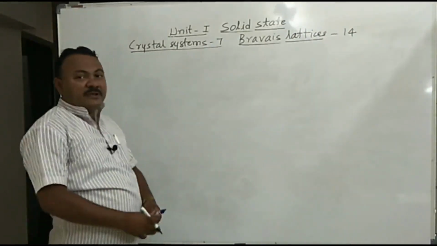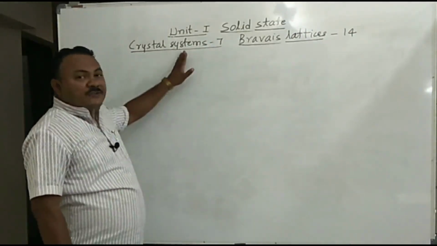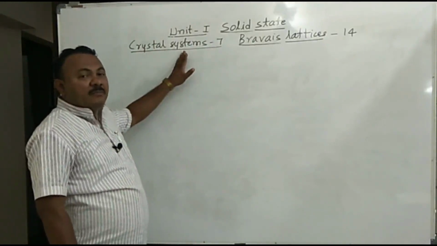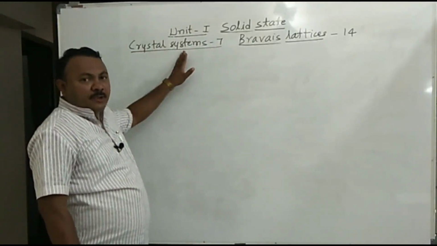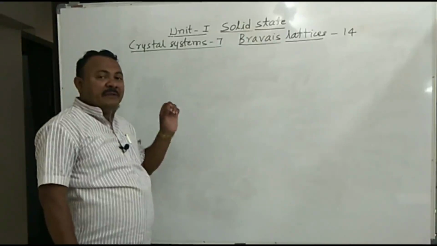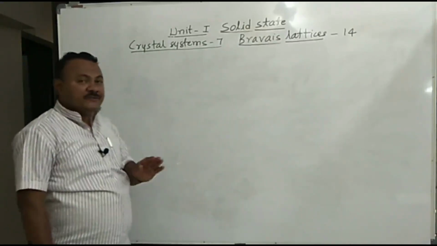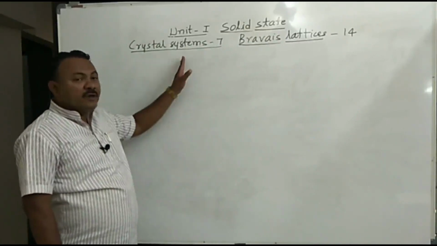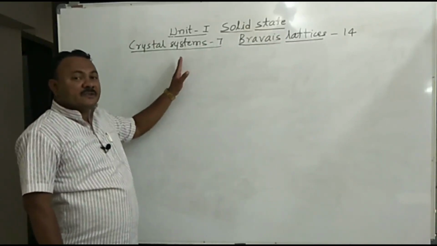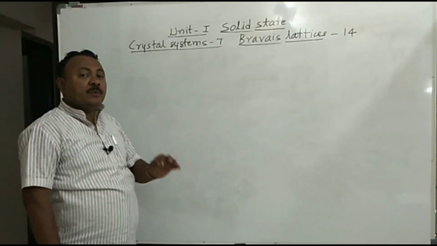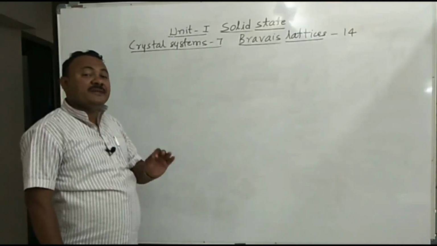So we have 7 crystal systems based on A, B, C, alpha, beta, gamma. Based on the relation between A, B, C, alpha, beta, gamma, there are 7 types of unit cells. Each unit cell type we call a crystal system, and in each crystal system we find a simple unit cell definitely.